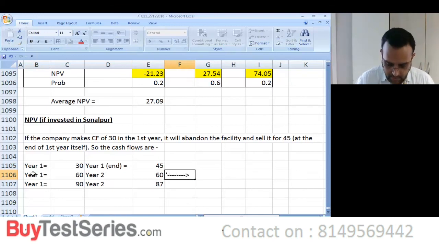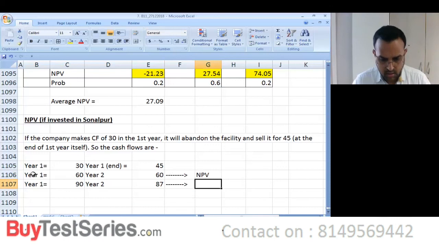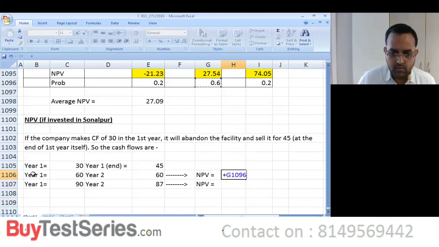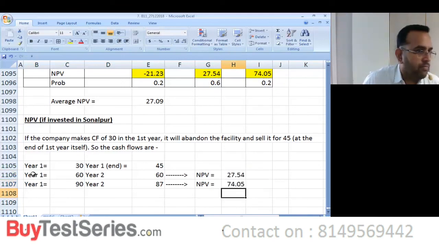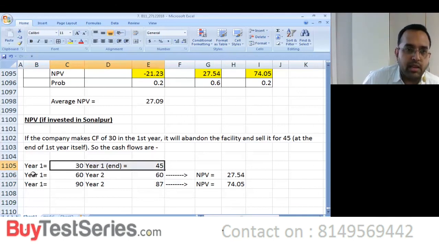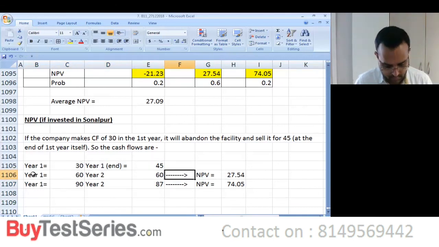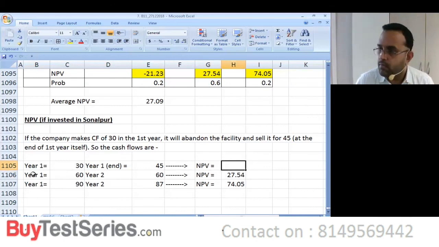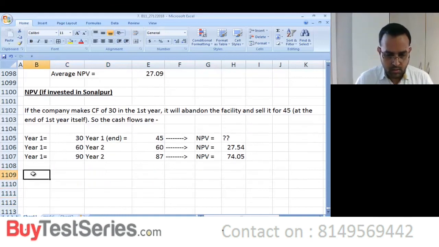We have already calculated the NPV of this second and third one, which is 27.54 and 74.05, correct? That is 60, 60 and 90, 87. The cash flow NPV already we calculated. The first scenario we need to find out the NPV, correct? So we say NPV of first scenario.